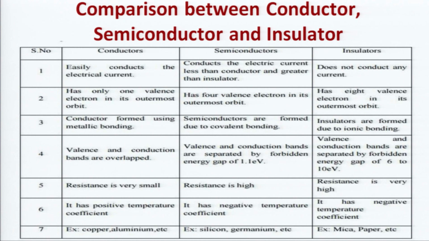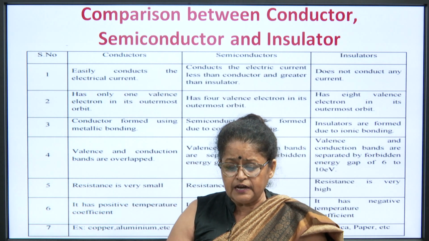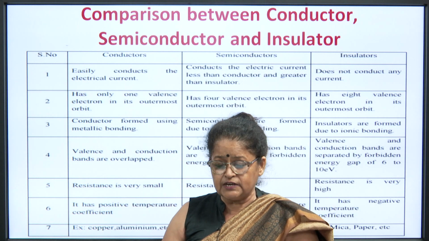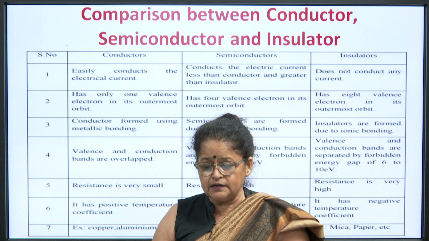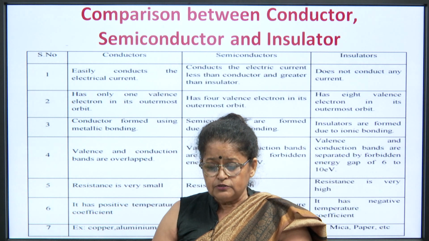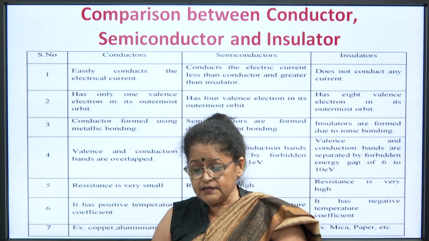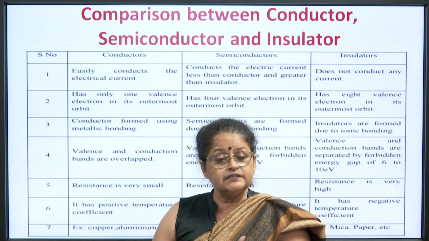Now, comparison between conductors, semiconductors and insulators. Let us compare. Of course, conductors easily conduct electric current. In case of semiconductors, the current is conducted, but it is lesser than the conductors, of course much greater than the insulators, but it does conduct.